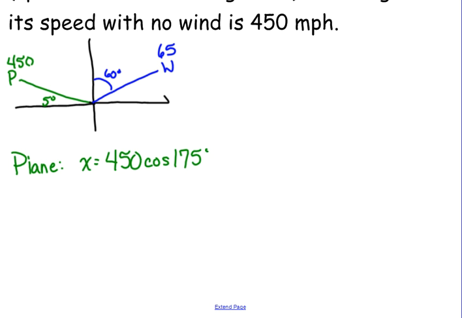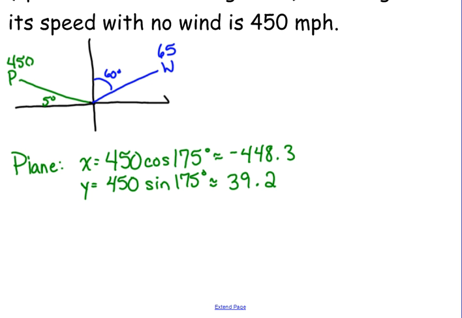Okay, positive x-axis, not just any x-axis, it has to be with the positive x-axis. So y would be 450 sine of 175. Can somebody give me those numbers, please? 0.3. Okay.